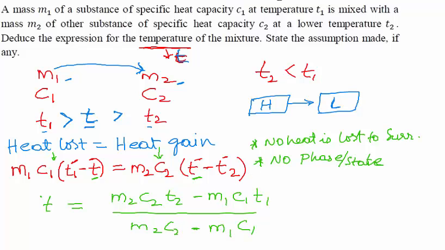Till this point, make sure that you write this equation properly, and after this, solving is purely mathematics. If you solve this, you get T equal to M2 C2 T2 minus M1 C1 T1 by M2 C2 minus M1 C1. What are the assumptions we are making? Once again, no heat is lost to surroundings and there is no change in phase for both masses M1 and M2.